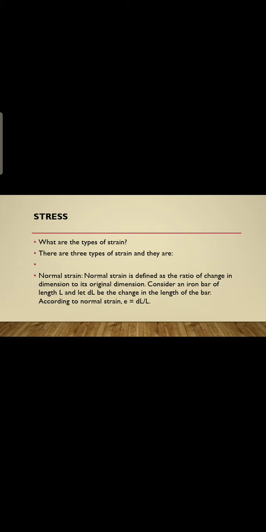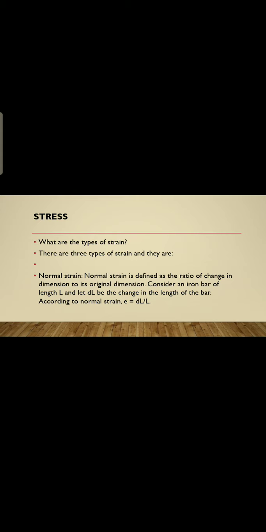There are three types of strain, and they are: normal strain. Normal strain is defined as the ratio of change in dimensions to its original dimension, or we can say the ratio of the change in the length divided by the original length. We have taken the example of the iron bar.